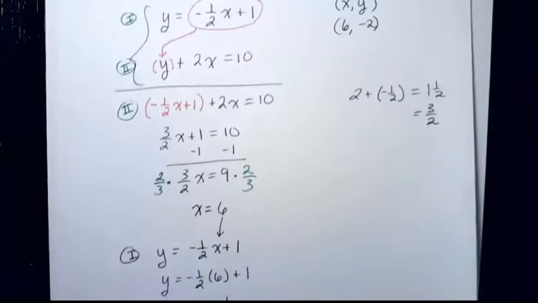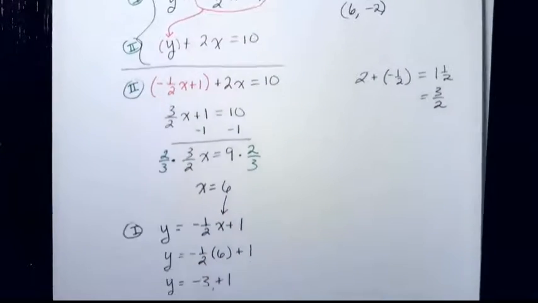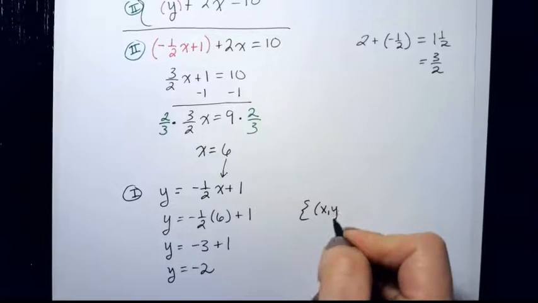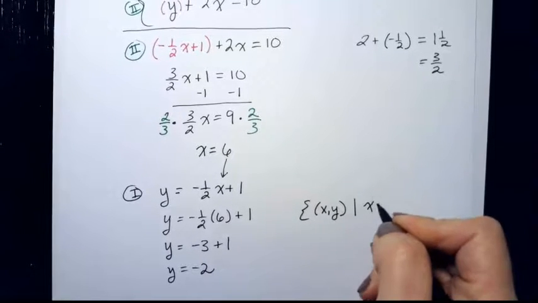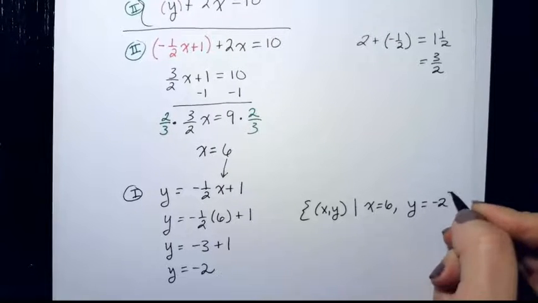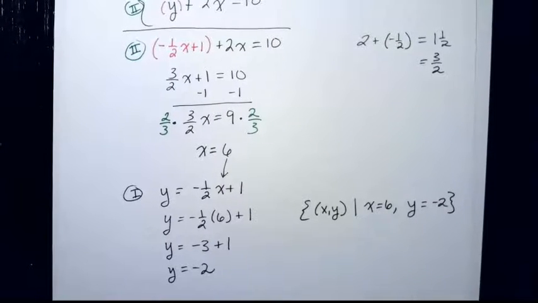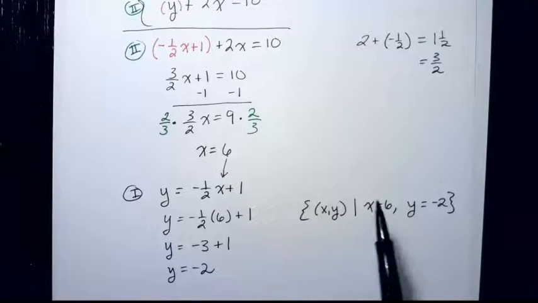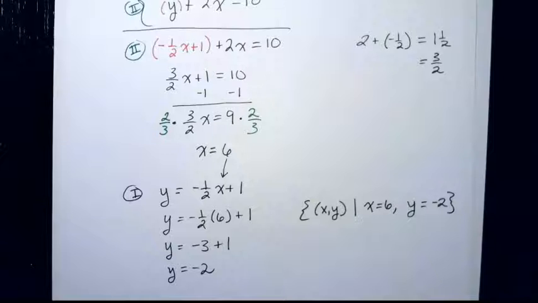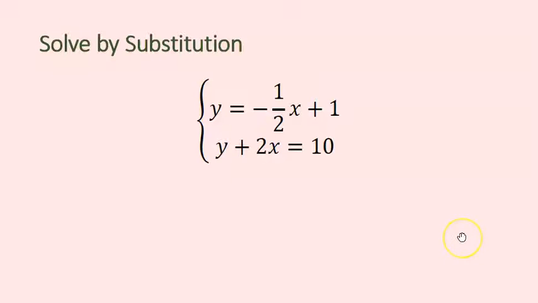I put it back up top, but I could write that in set builder notation: the set of all x, y such that x is equal to 6, y is equal to negative 2. And if you wanted to, you can check this one solution in both equations, and it should work for each one. So let's take a look at a general strategy for solving by substitution.